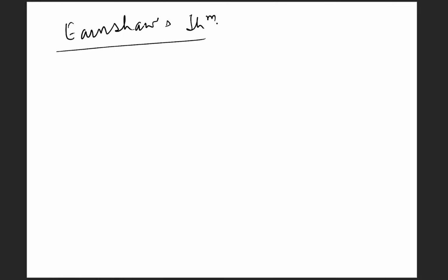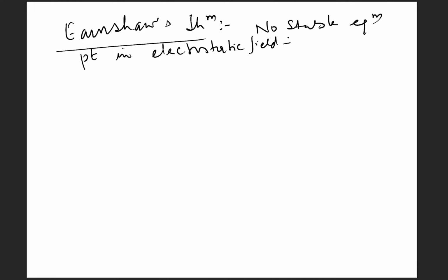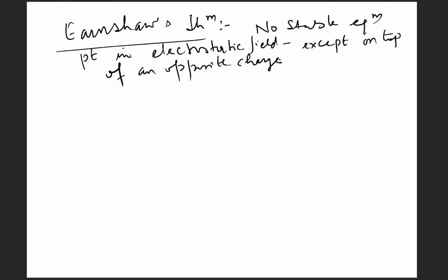It says that there cannot be a stable equilibrium point in an electrostatic field, except on top of an opposite charge. So this is a very simple theorem and we can easily prove it.